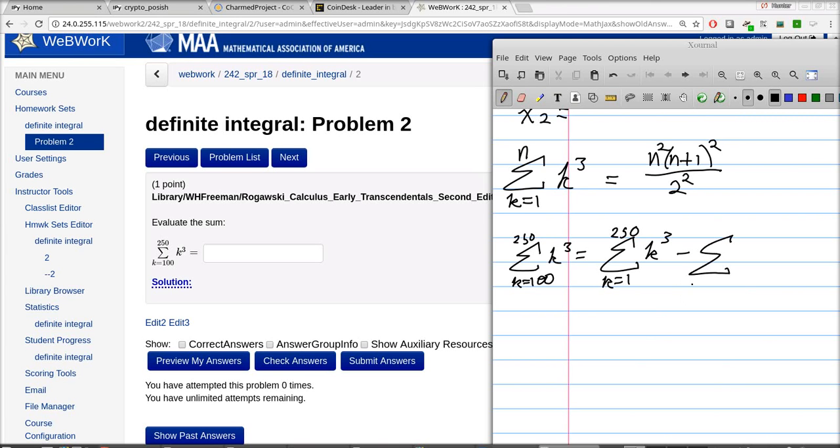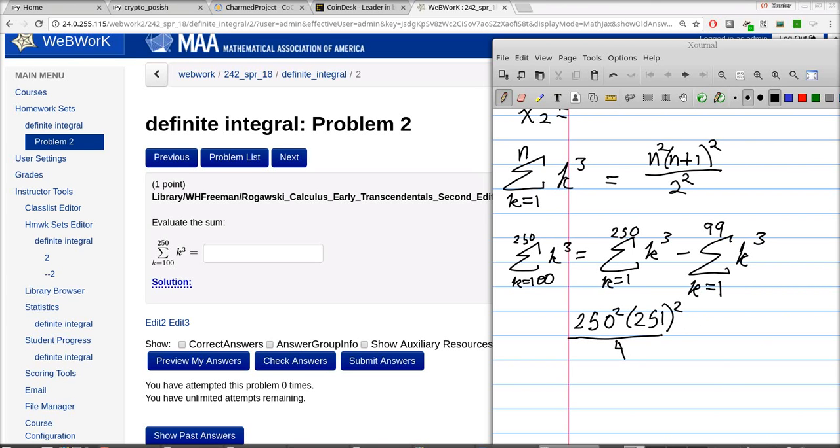The ones that we don't want are the ones from k equals 1 to 99 of k cubed. So just use the formula both times, so you have 250 squared times 251 squared divided by 4.